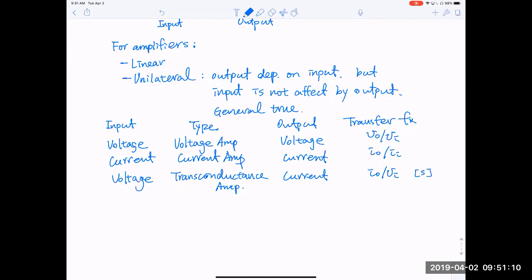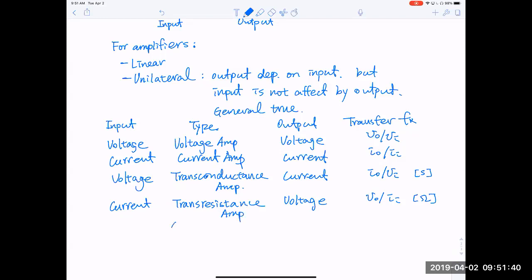Then there's a final combination. Input is current, output is voltage. So this will be VO over II. The unit is ohm, and this will be called a transresistance amplifier. Transresistance just basically takes on the unit.